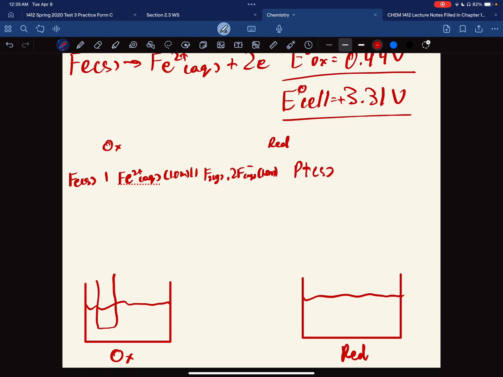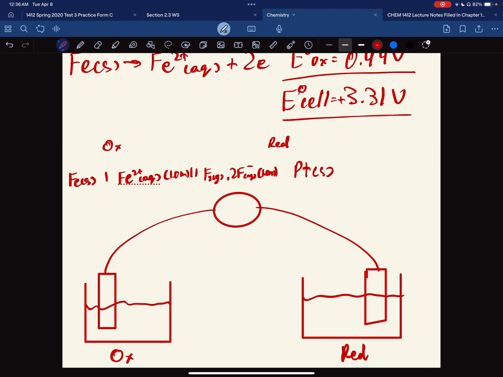We got our anode and we got our cathode. These are connected with a voltmeter in the middle. The reading on this voltmeter is going to be 3.31 volts. This over here is going to be Fe solid, and this one's going to be platinum solid.